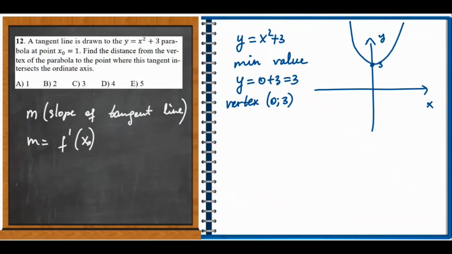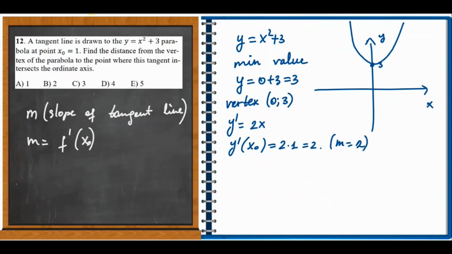Now, using this fact, we are going to write y prime is equal to 2x. Now, 2x, and we must write the value of x0 here. It's going to be 2 times 1. That's just 2. Now, that is slope m equals 2 of the line.